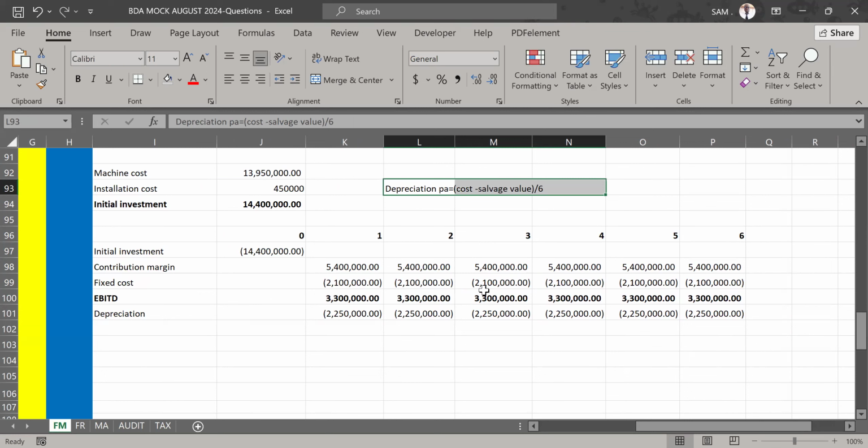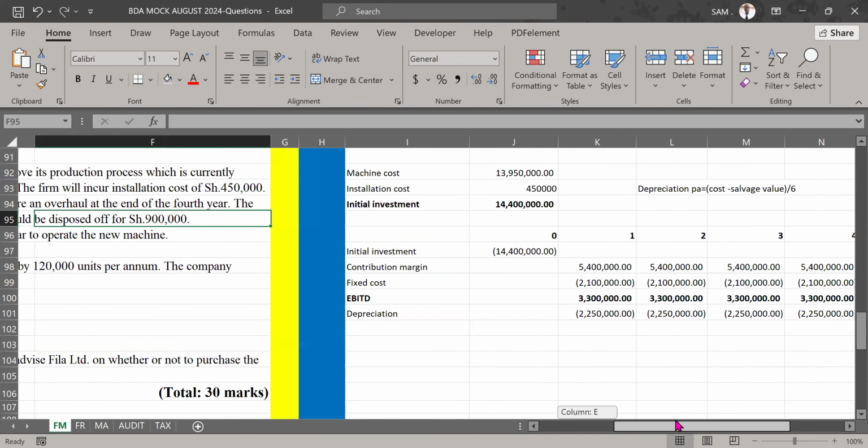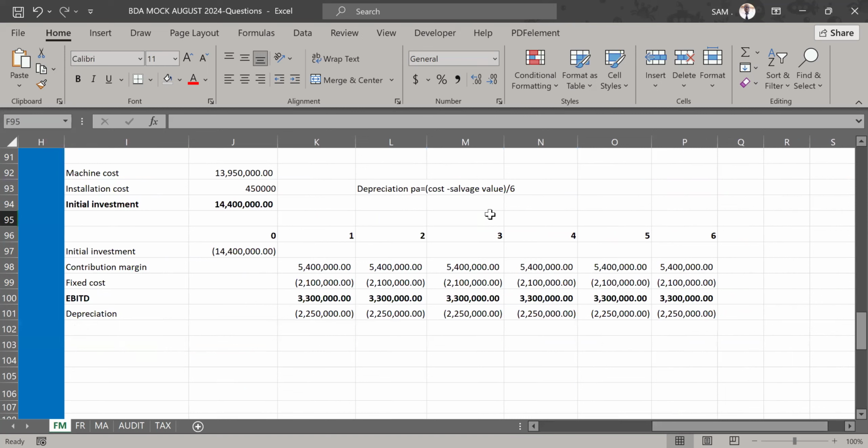Then, because there is a value we will realize when we dispose of this machine at the end of the useful life, we will not just throw it away. We will still sell it and get something in return. And what are we going to get? We are going to realize 900,000. That value, we cannot overlook. It is part of the value of this machine. It will not be valueless at the end. So when computing depreciation, because depreciation is the reduction in value of that asset, we also have to deduct it from cost, so that we get the value that is net of what we will realize at the end.